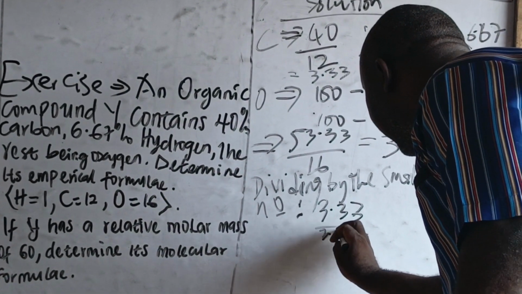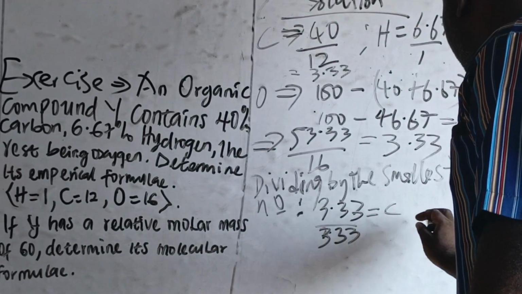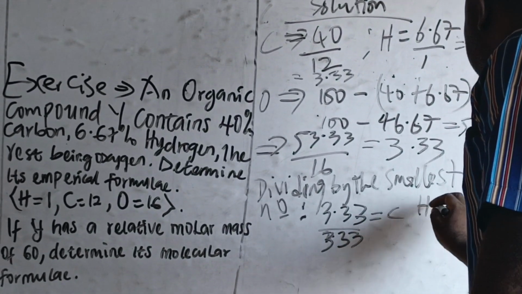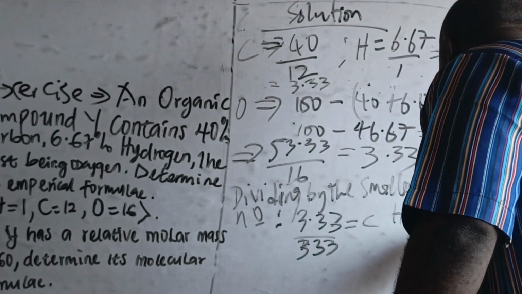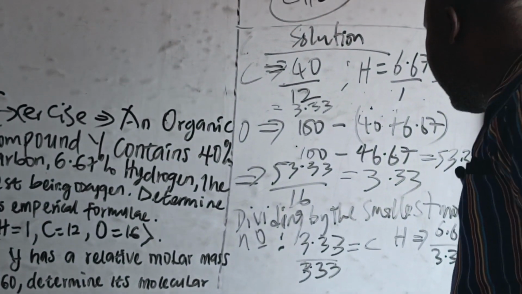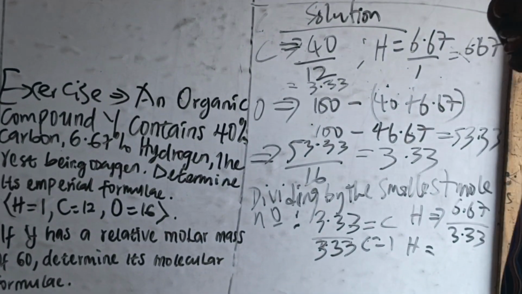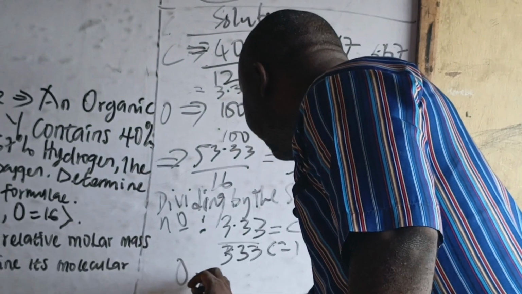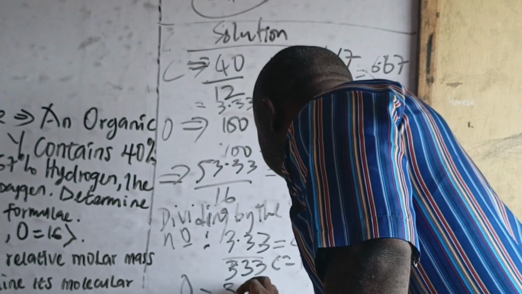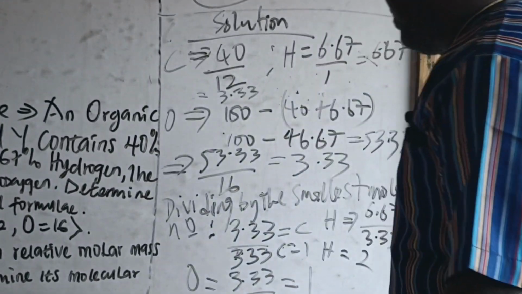So 3.33 all over 3.33 for carbon, and for hydrogen 6.67 all over 3.33. So for carbon we get 1, for hydrogen we get 2, then for oxygen, 3.33 all over 3.33 gives us 1.